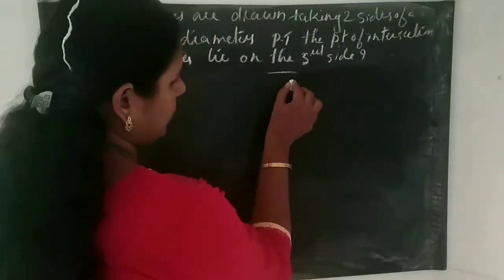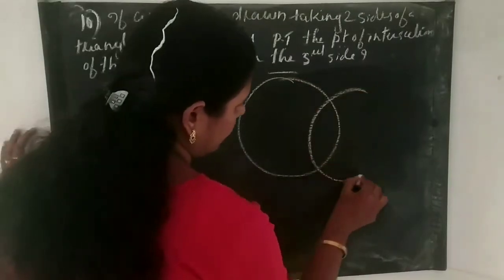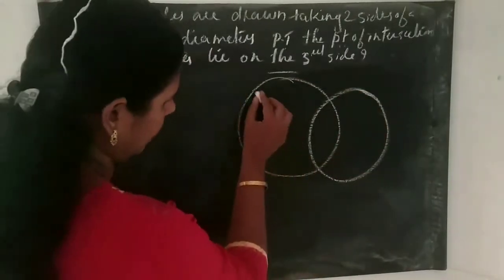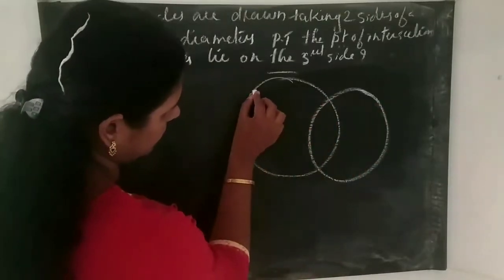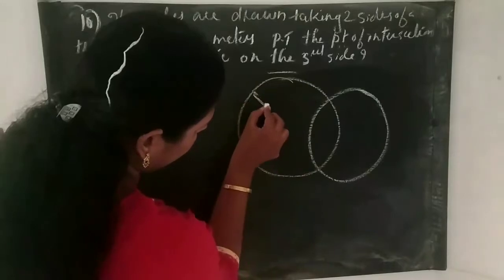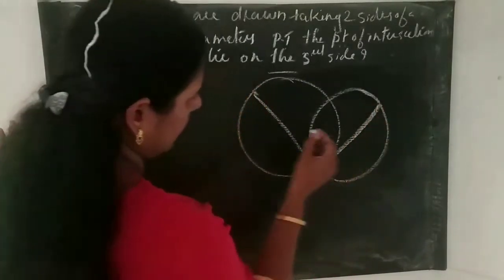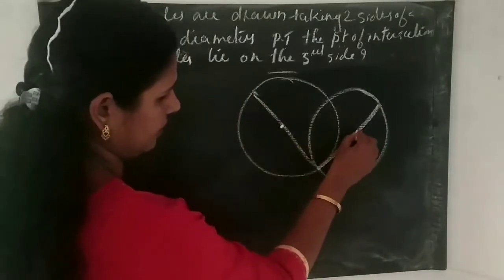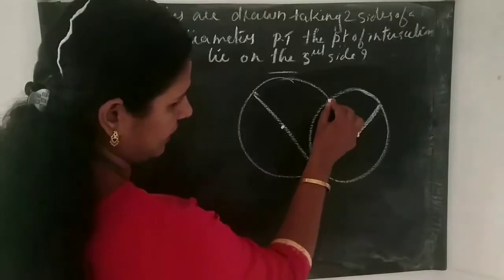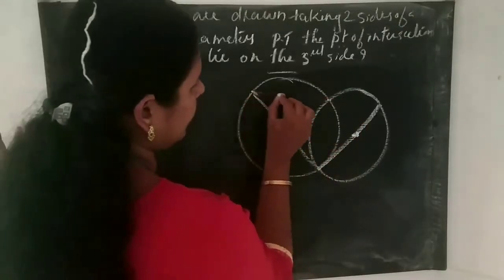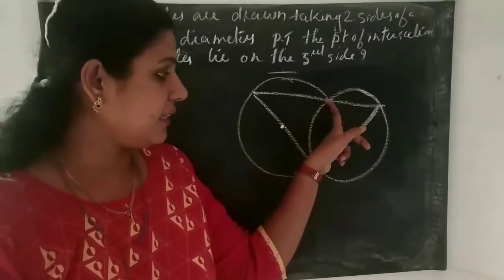First we have to draw the intersection of two circles. This is the center, this is another center, and this is the point of intersection. The other point of intersection is here, and this point of intersection lies on the third side.